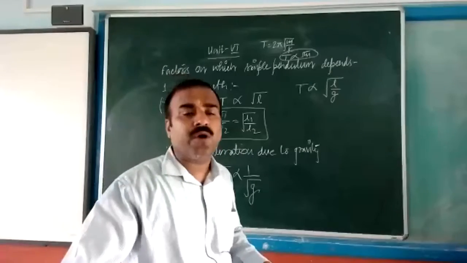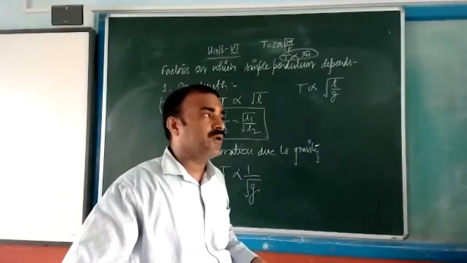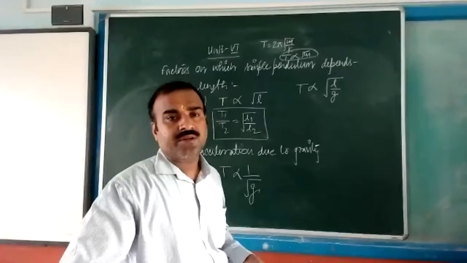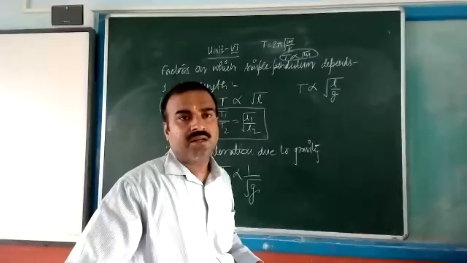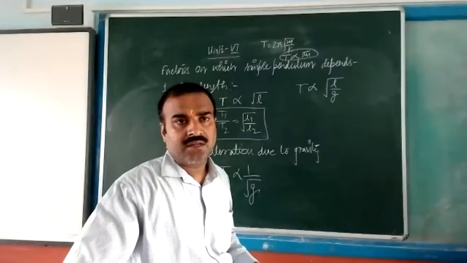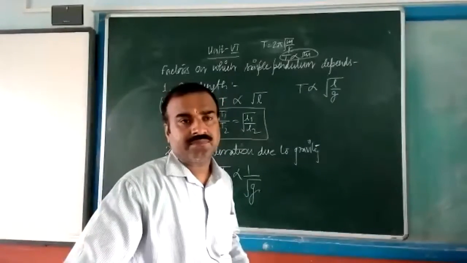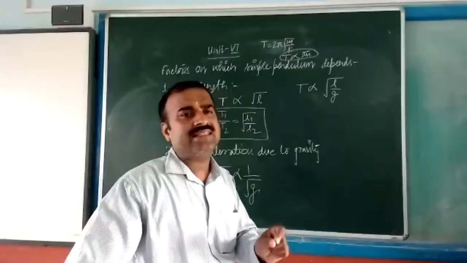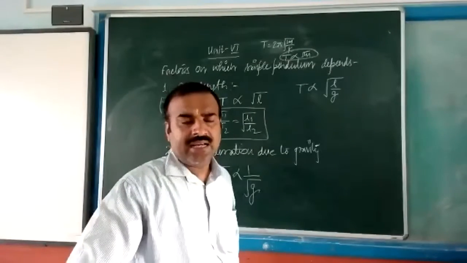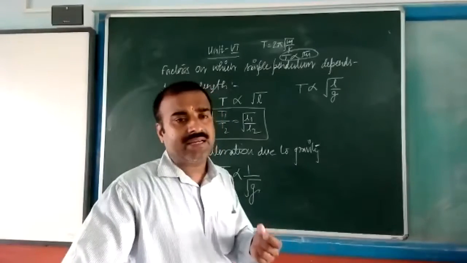For a freely falling body, the increase in velocity in 1 second. It's a very easy definition. Anytime you can learn it, and try to understand how we could define the acceleration due to gravity in our own words.